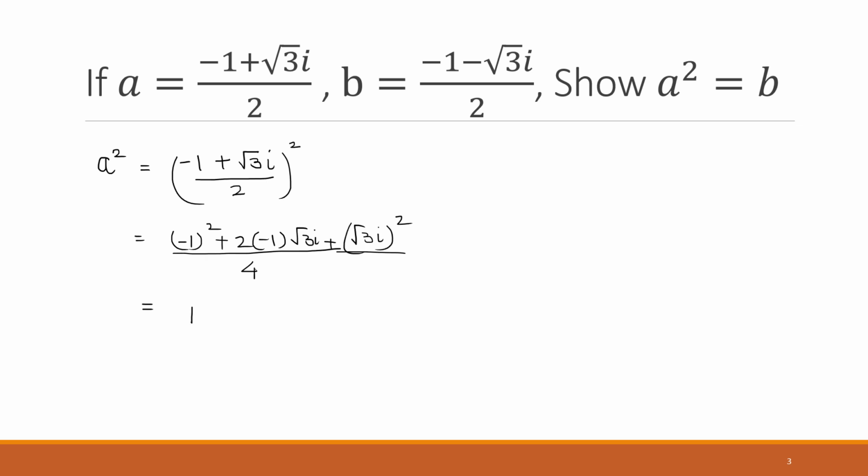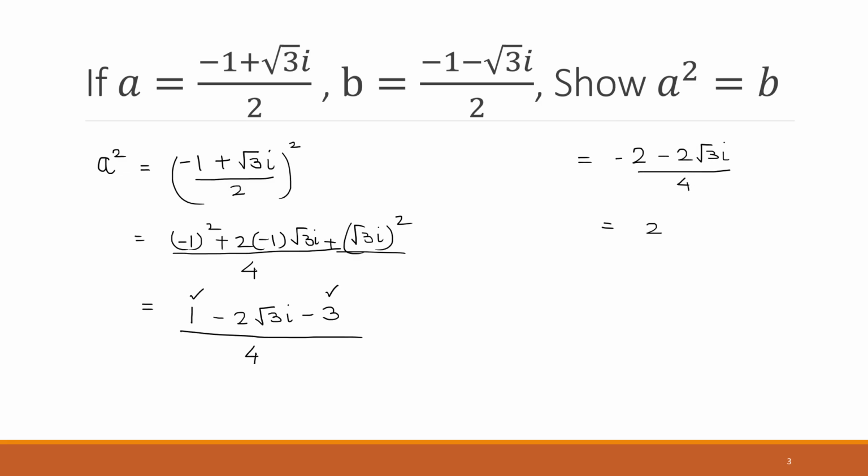This will become 1. The middle term will become −2√3 i. Now we know that i² is −1, and the square of √3 is 3, so this will come as −3. Correct? Upon 4. Now I'll take the like terms together. So 1 − 3 − 2√3 i upon 4.